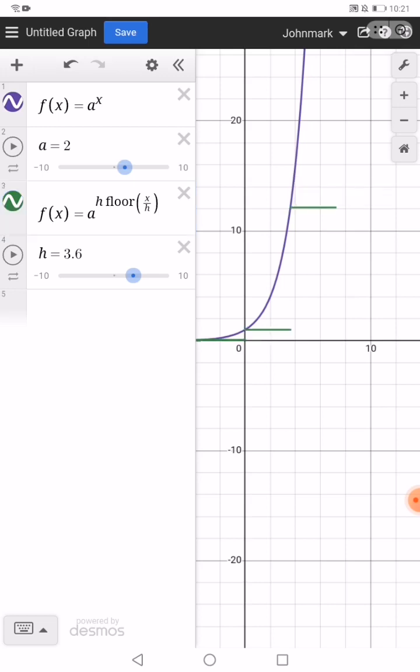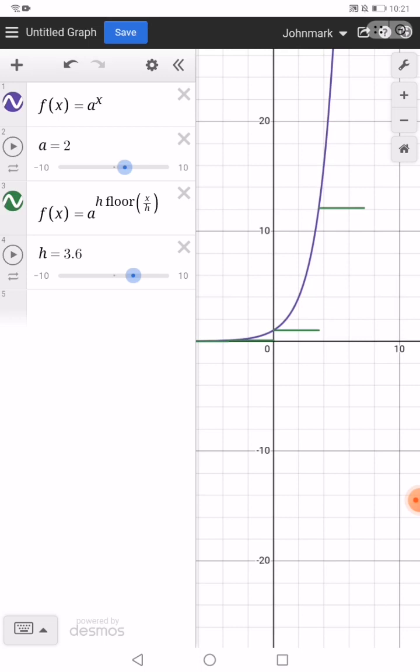These step functions will move exponentially only when they reach a certain interval of the desired length, which is 3.6.